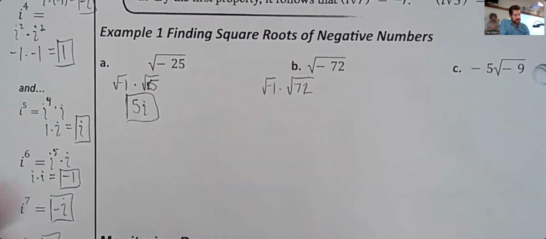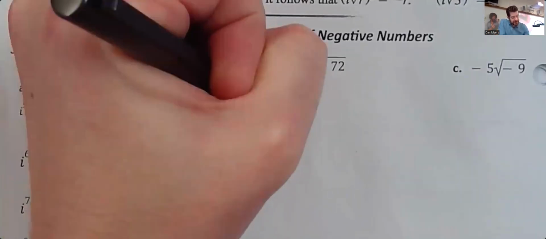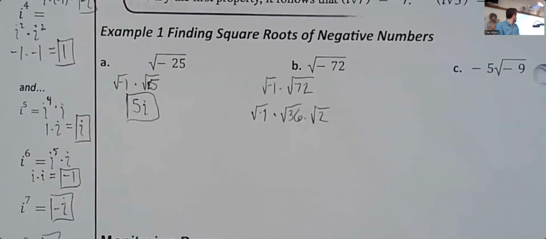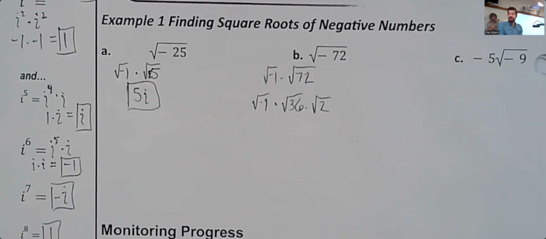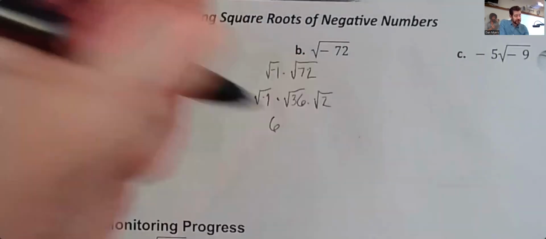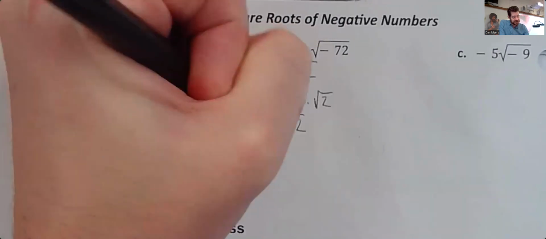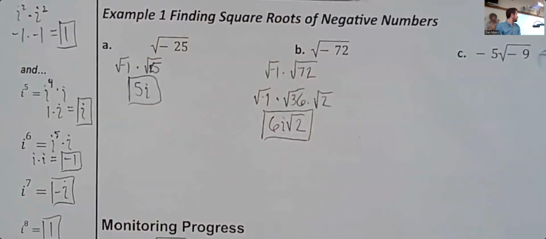So this would be the square root of -1 times the square root of 36 times the square root of 2. The square root of 36 is 6. The square root of -1 is the imaginary unit. And the square root of 2 remains the square root of 2. We get 6i root 2.